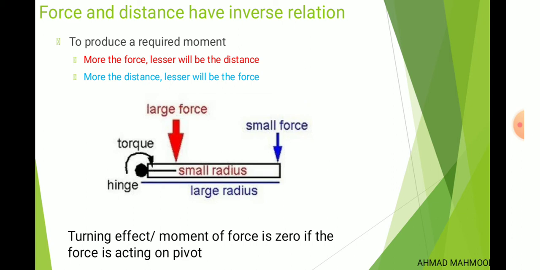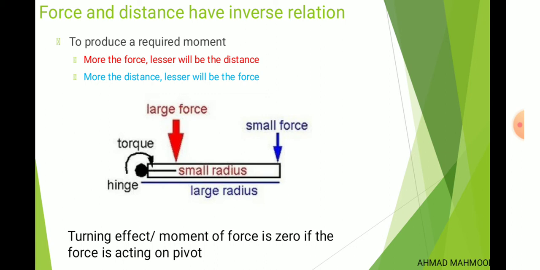Or you can say, if the force is applied at a lesser distance from the pivot, a large amount of force has to be applied. If the force is applied at a larger distance from the pivot, then the force will be small. So force and distance have an inverse relation. You can see in the diagram, smaller the radius, larger will be the force. Larger the radius, smaller will be the force to apply the same amount of movement.